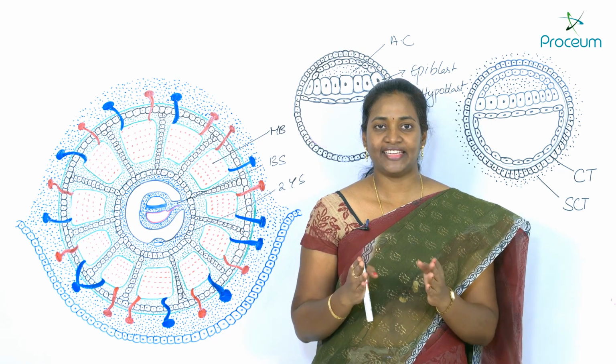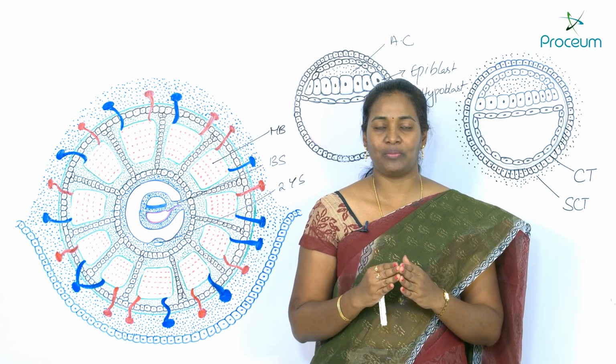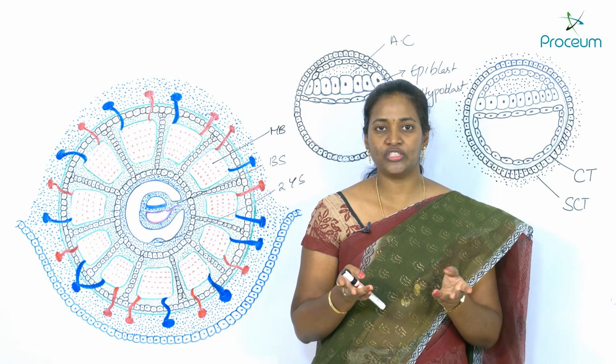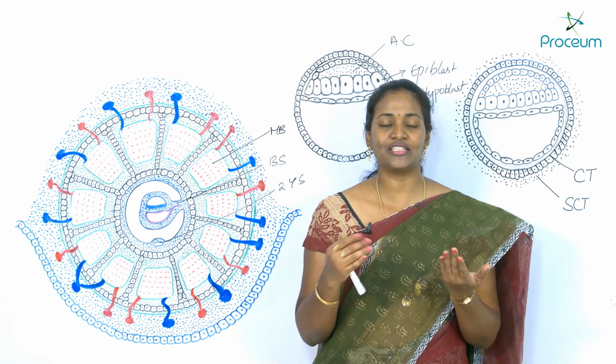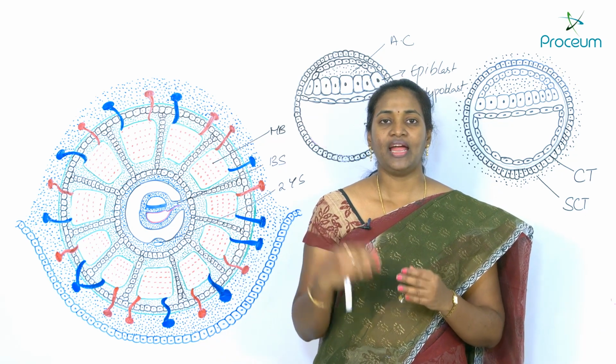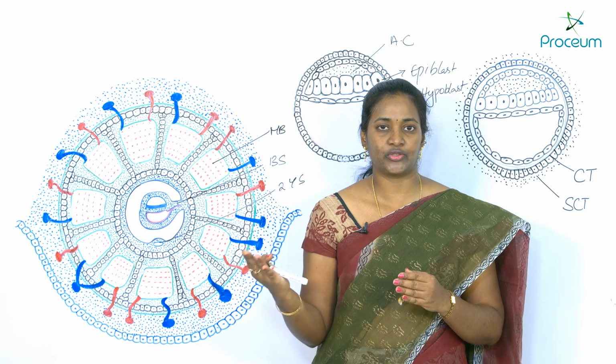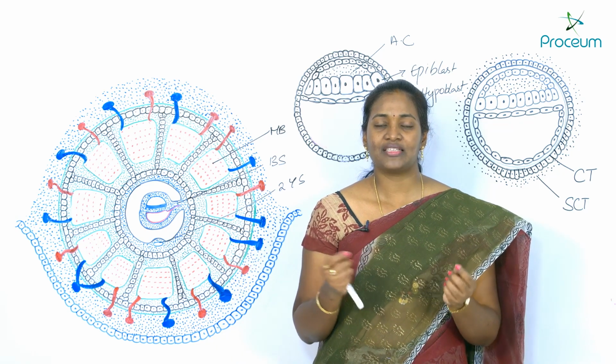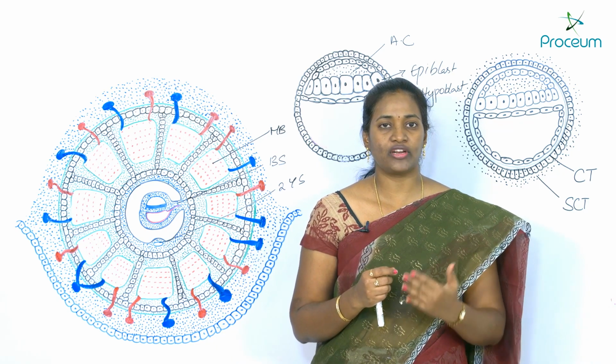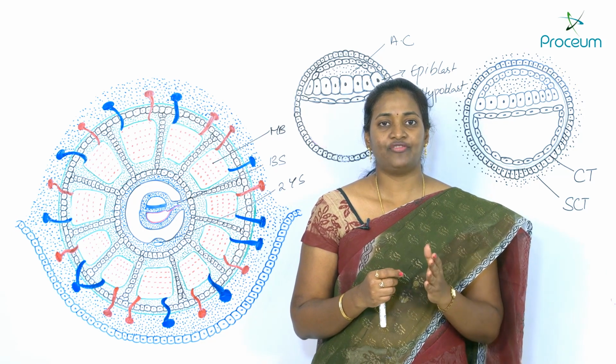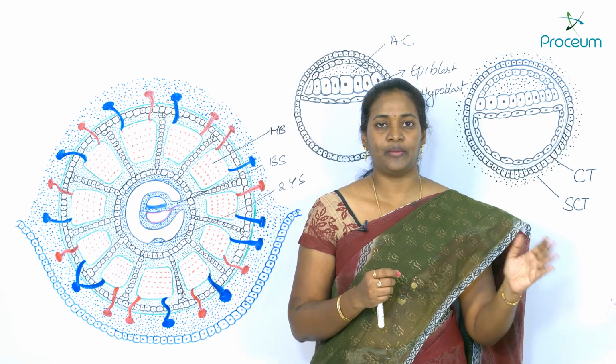Finally, during the second week, within the embryoblast, we have the formation of two germ layers. One is the epiblast, which is the future ectoderm, and the hypoblast, which is the future endoderm. And within the hypoblast, there will be formation of the prechordal plate, which signifies the cephalic end of the embryo.